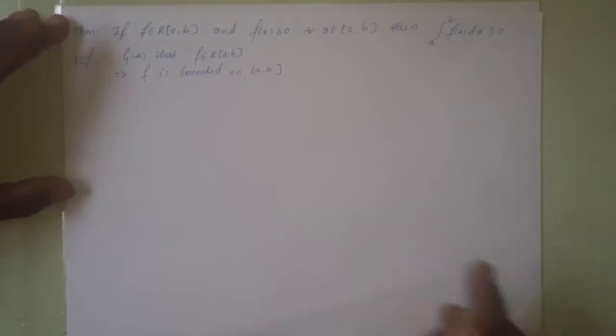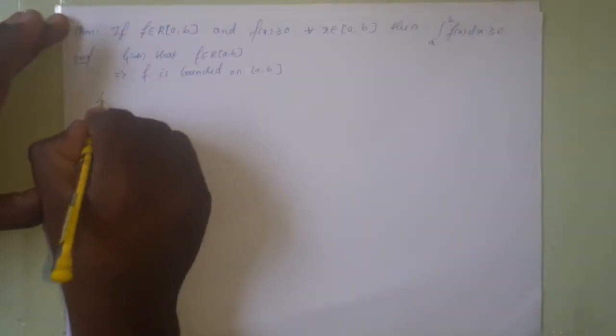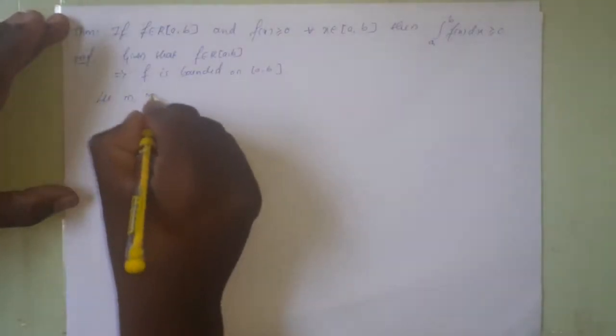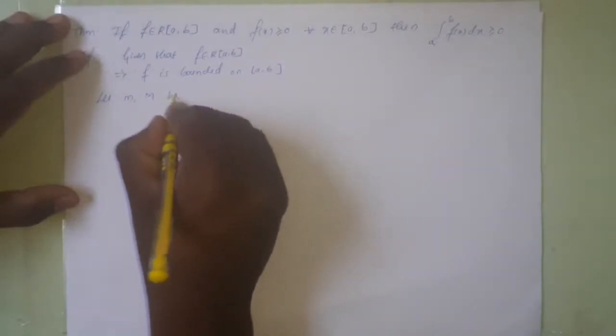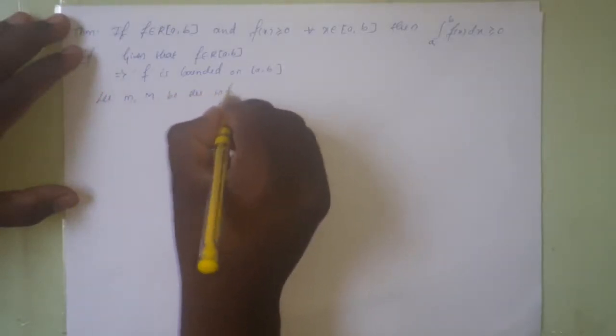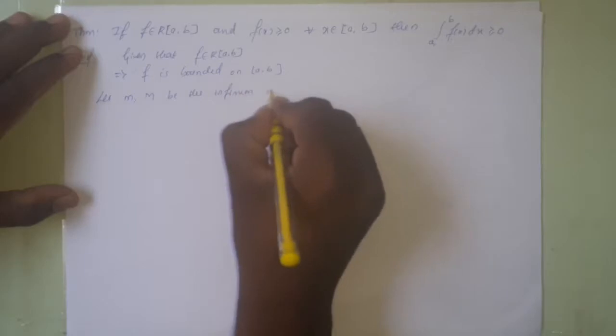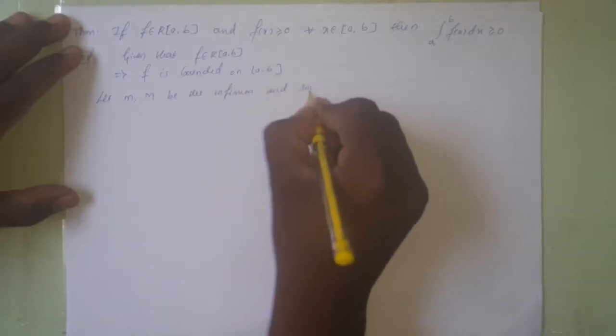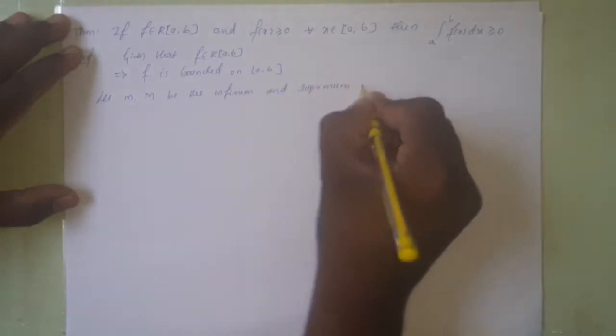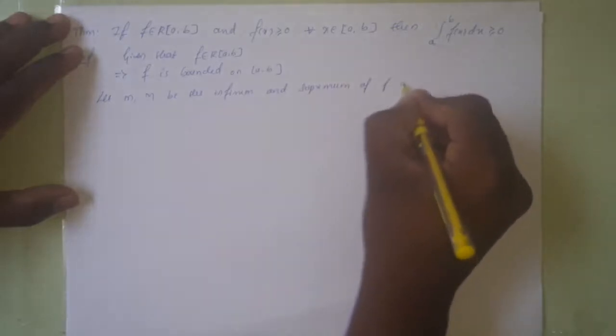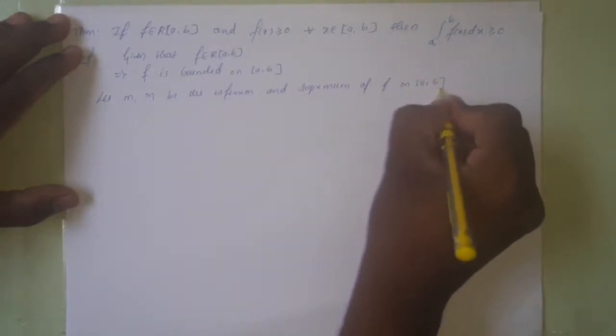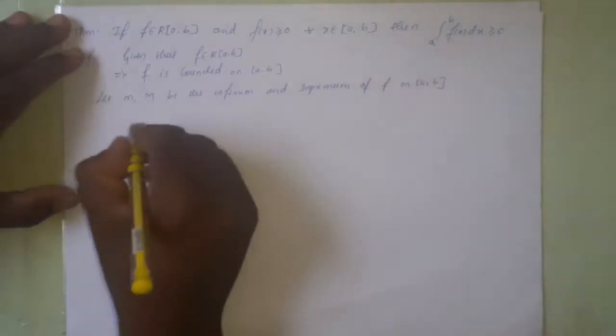Since f is bounded, there must exist an infimum as well as a supremum for the function f. So, therefore, let small m and capital M be the infimum and supremum of the function f on the closed interval [a, b].